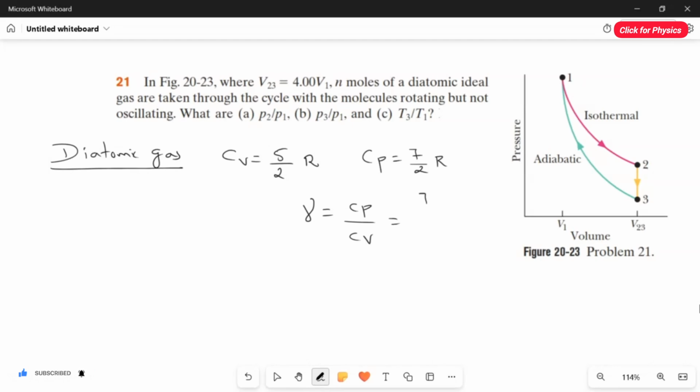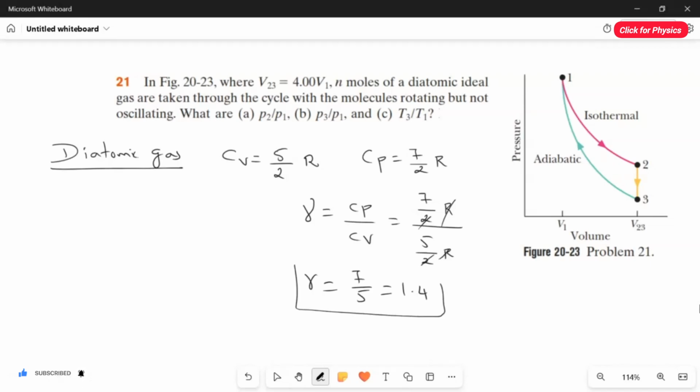When you divide 7 over 2 R by 5 over 2 R, the R gets cancelled, and likewise the 2 gets cancelled. So gamma is 7 over 5, which is equal to 1.4.